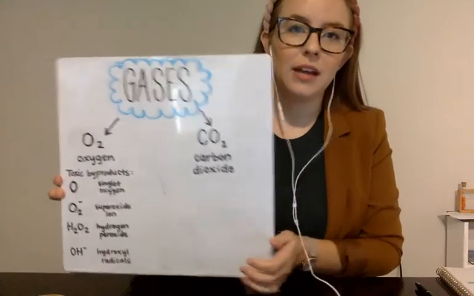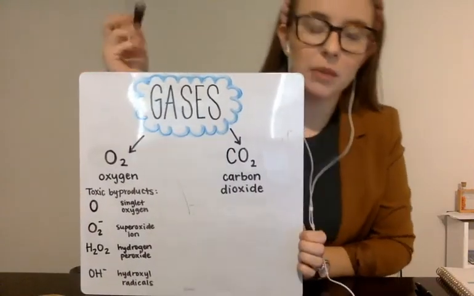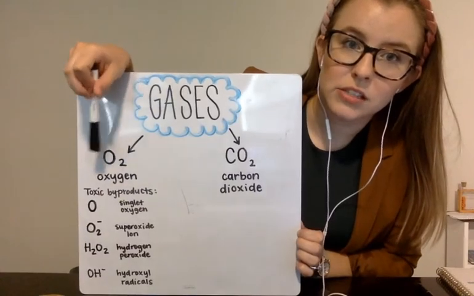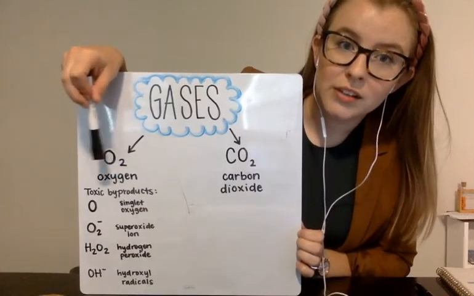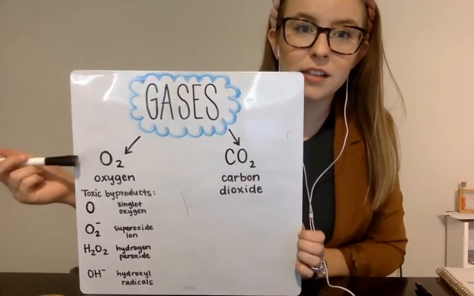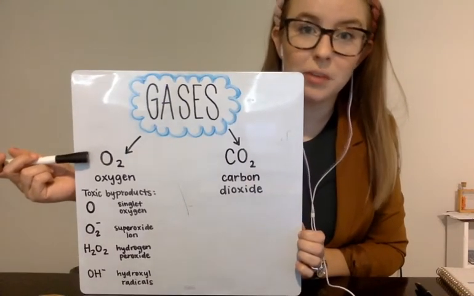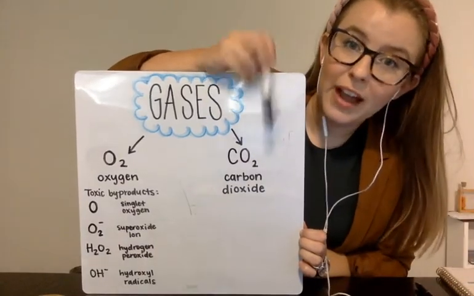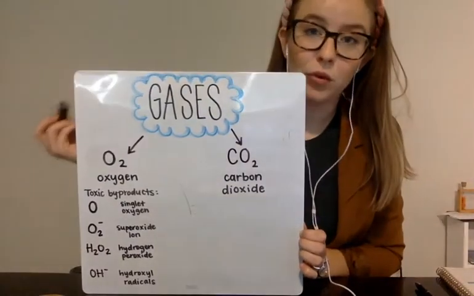The two main gases that we really talk about in affecting microbes are oxygen, which we can write as O2, because this is two oxygen atoms bound together to create this oxygen doublet, and carbon dioxide, the other gas that influences microbial growth.